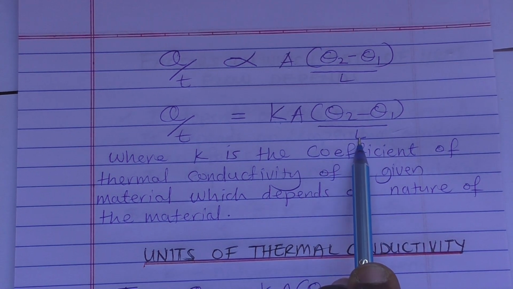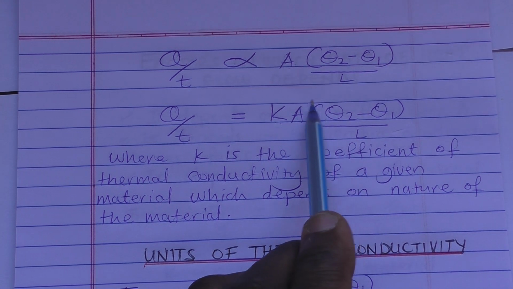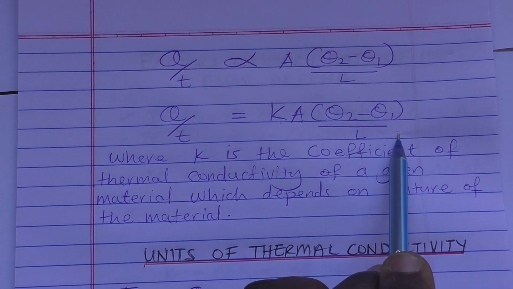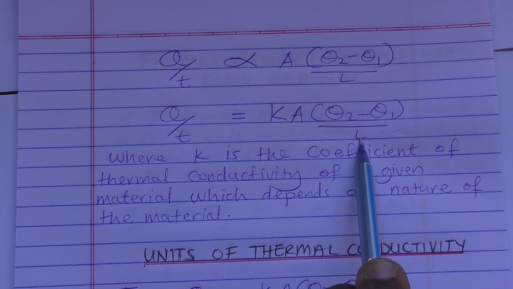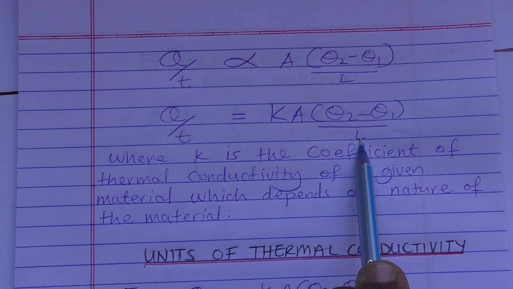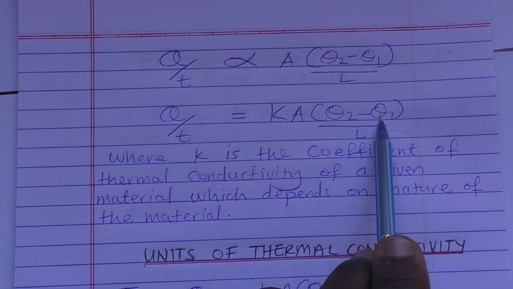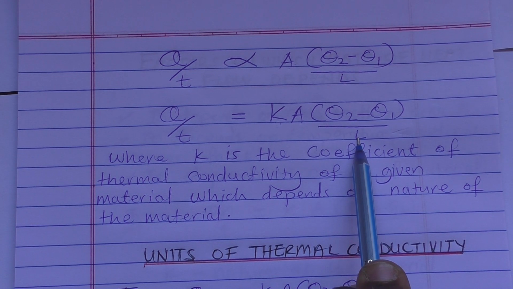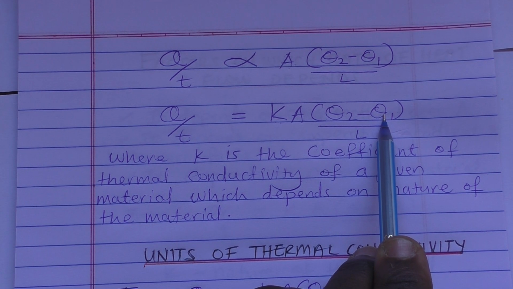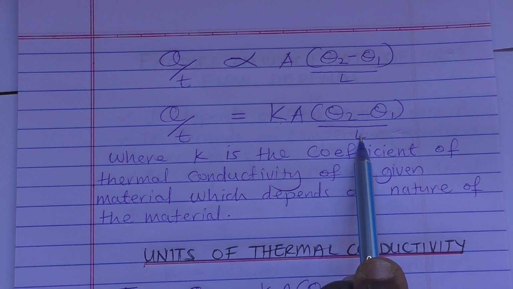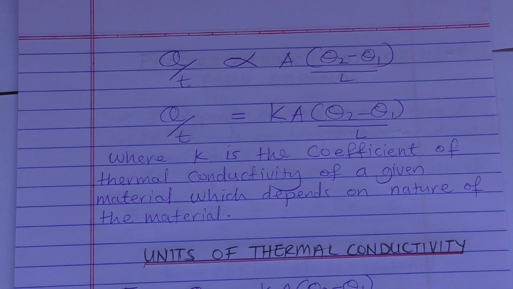When we combine these two, the temperature difference over the thickness gives us what we call the temperature gradient. Therefore, we can define temperature gradient as the temperature difference per length, or the ratio of temperature difference across the ends of a conductor to its thickness or length.